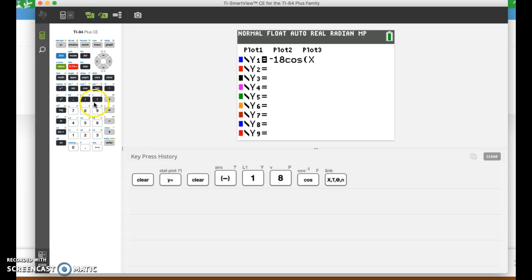I know on our papers we have theta, but that's not going to be a big deal in here. So we had negative 18 cosine theta times negative sine of our variable plus or minus, and obviously I can't type a plus or minus sign, but here's the first part.